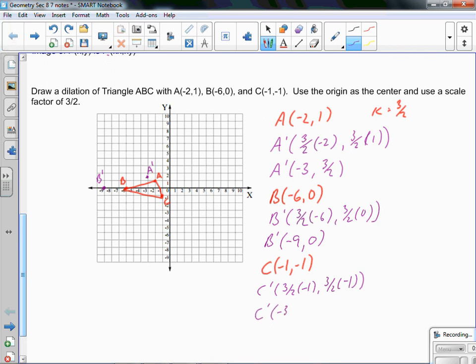So that'll be -3/2, -3/2, or -1.5, -1.5. So right there in the center of that square will be our C prime. Connect the dots to make our triangle. And try that again. It's not very straight.